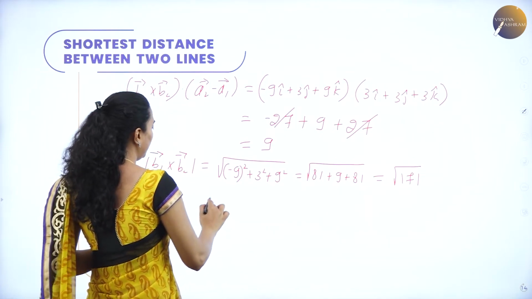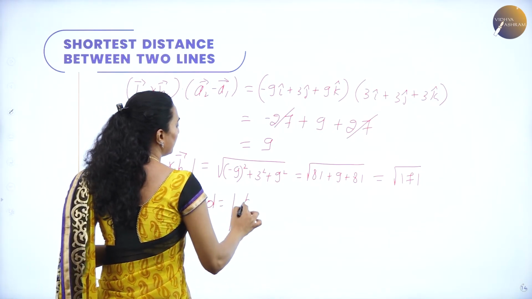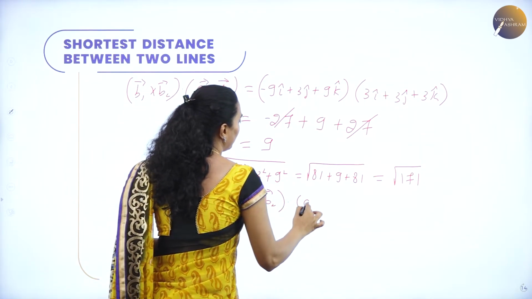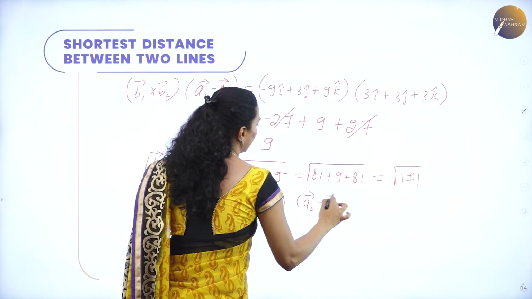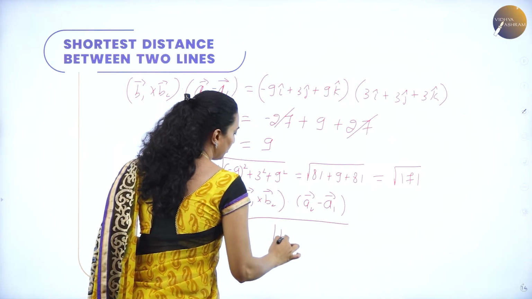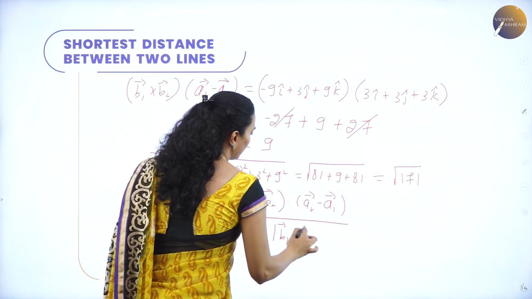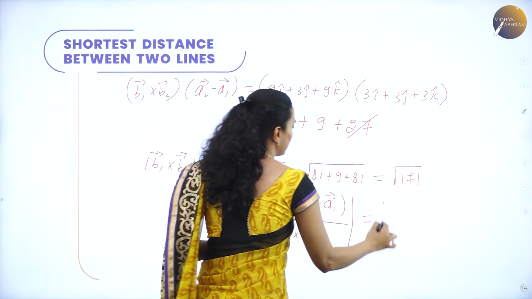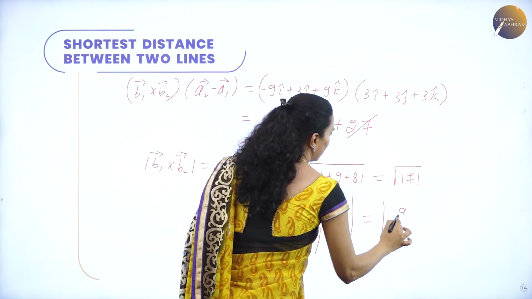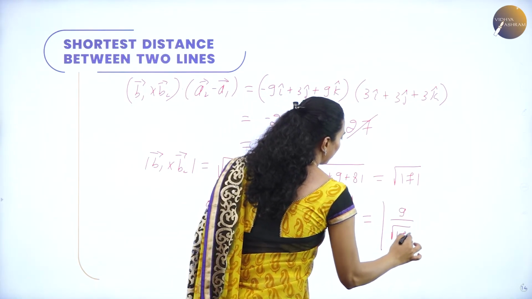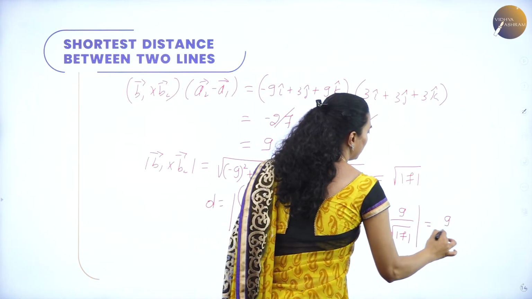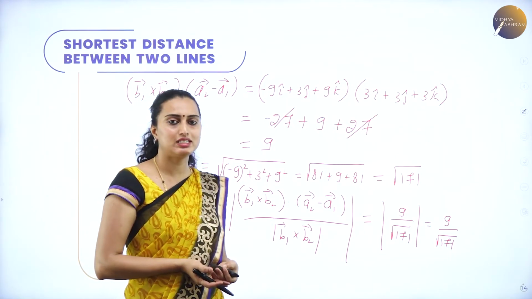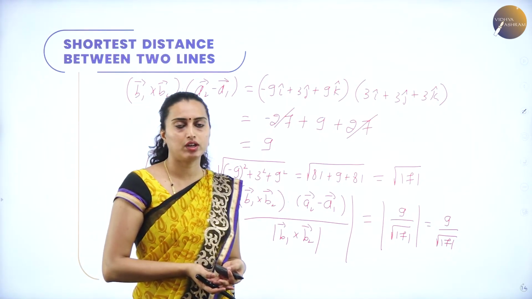Formula is given by d is equal to magnitude of B1 cross B2 dot A2 minus A1 divided by magnitude of B1 cross B2. So substituting, it is 9 divided by under the root of 171. This is the distance between the two lines they have given.